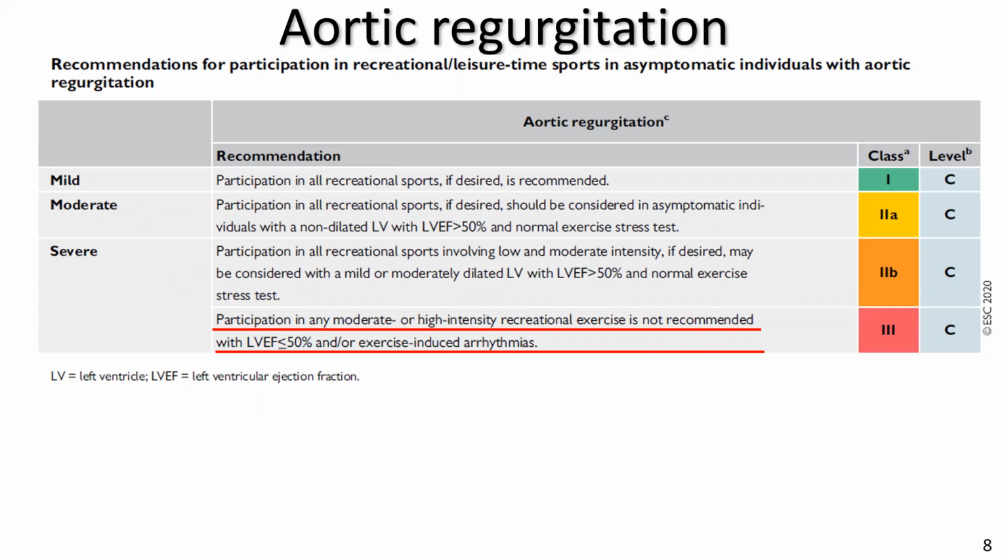Now, if that's the case, then participation in any moderate or high intensity recreational exercise is not recommended when the level of aortic regurgitation becomes so severe that the ejection fraction drops below 50% due to left ventricular engorgement during diastole. And this, of course, has associations with arrhythmias because it can then feed back into the atria as well, particularly with the mitral valve disease.